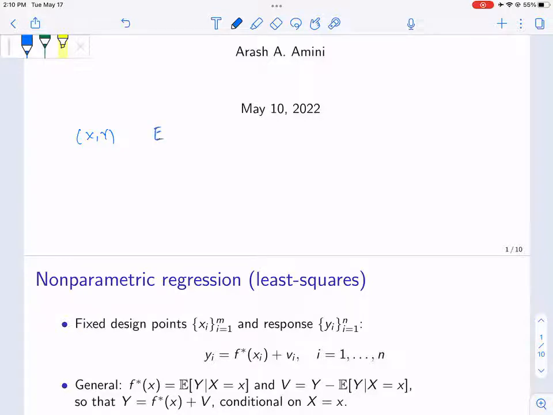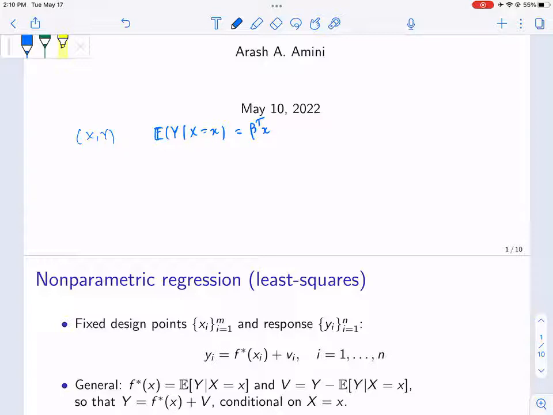A more modest goal is to try to just estimate the conditional expectation of y given x. If I'm given a training set, an IID sample from this distribution, I can try to estimate this. In linear regression, you assume that this is beta transpose x, so it's a linear function. In non-parametric regression, you assume that this belongs to some function class, as Kyle pointed out.